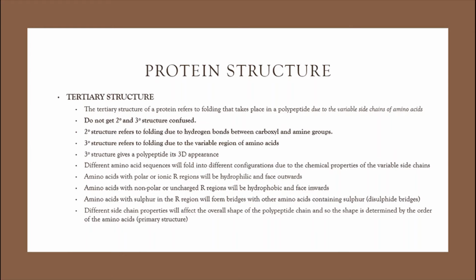So we can talk about tertiary structures being the folding of a polypeptide due to that variable region, but we also have to consider how the primary structure is going to have flow-on effects to the overall shape that we're going to get in the tertiary structure, because ultimately the order of those amino acids is going to determine the way in which bending takes place. So the amino acid sequence determines the three-dimensional conformation of a protein.